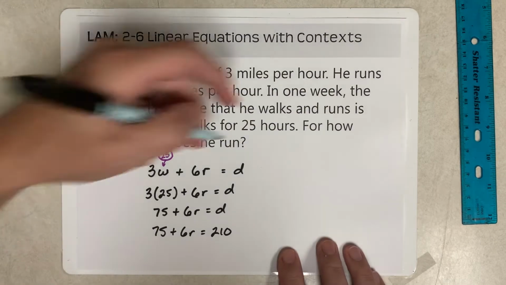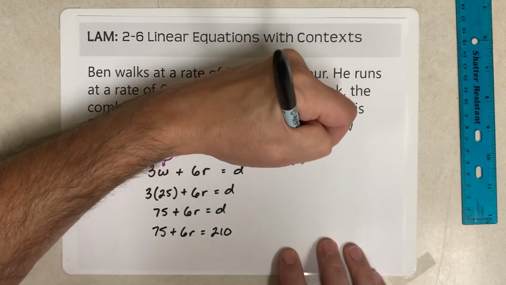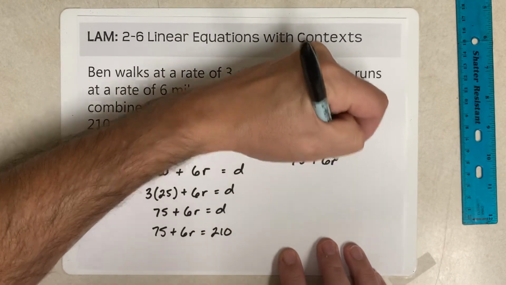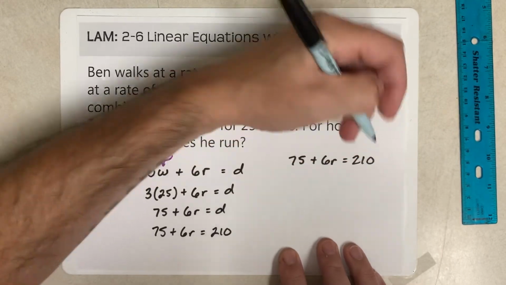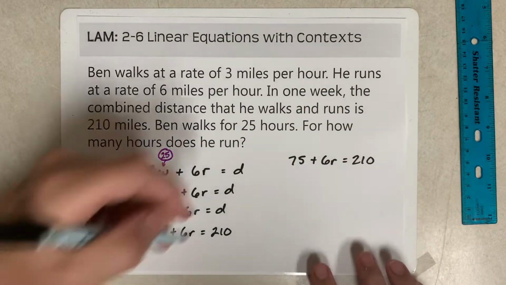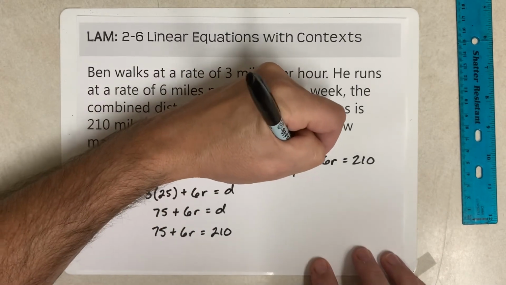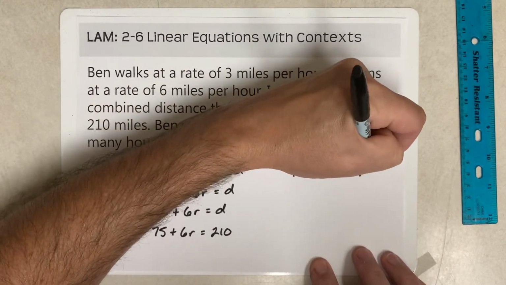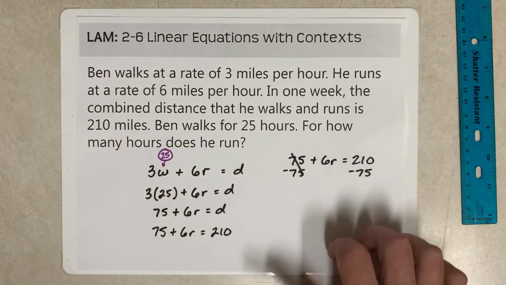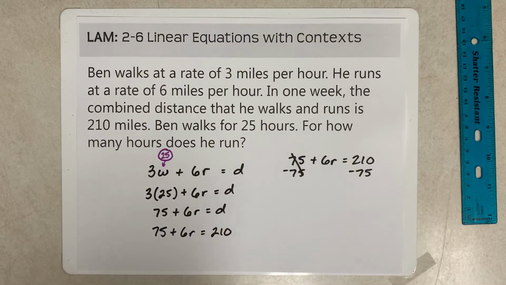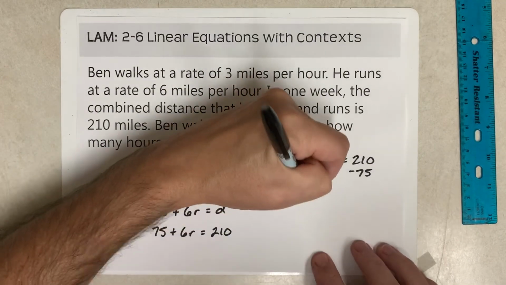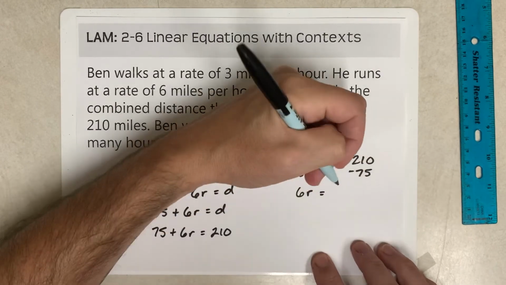Okay, so now let me bring that over here. I have 75 plus 6R is equal to 210. All right, so we've got a two-step equation. Subtract 75. Like that. And so now we've got 210 minus 75, so I'm going to bring down my 6R is equal to 135.